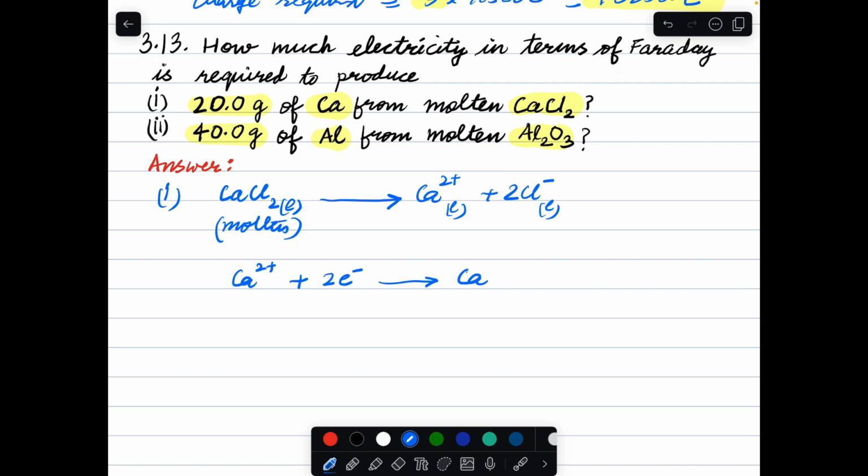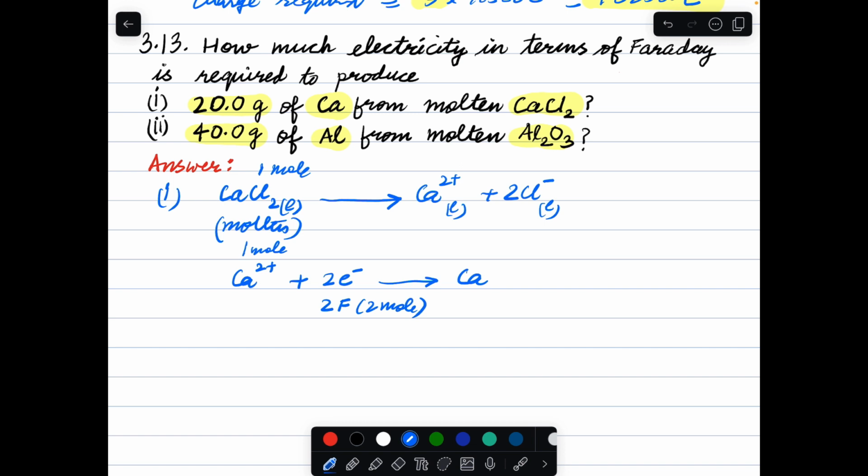If we have 1 mole of calcium chloride, we will have 1 mole of calcium ion, because per molecule of calcium chloride we get 1 calcium ion. This 1 mole of ion will give 1 mole of metal by utilizing 2 moles of electrons, that is 2 Faradays of electricity.